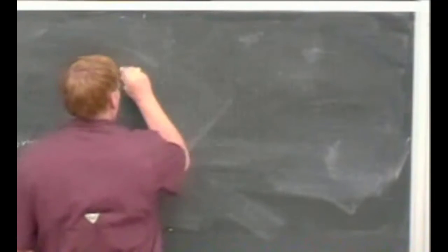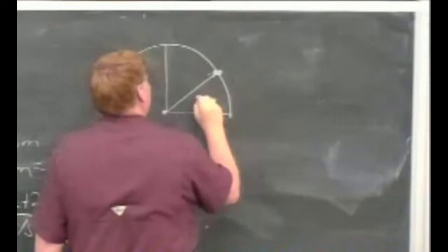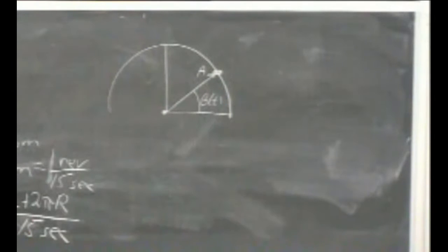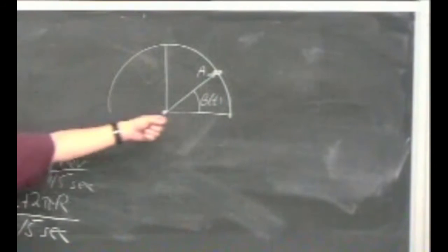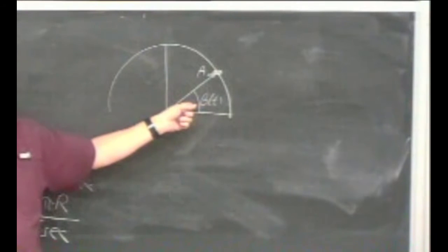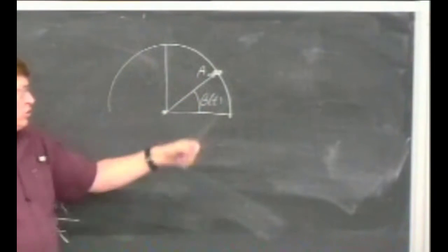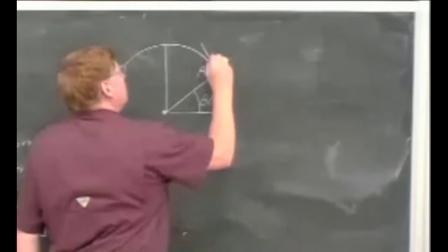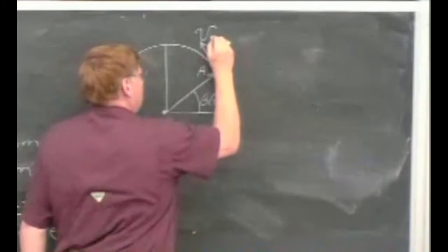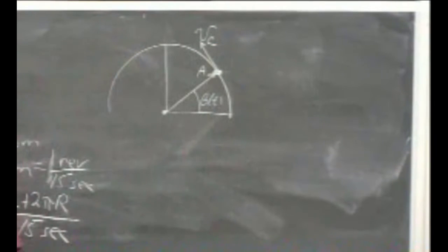Zone 2, I'm going to blow this up. This is point A. We're now going to measure when we're going around the wheel by this angle beta. What is that angle beta, and what is the function of that angle beta with relationship to the velocity of the cable and time?